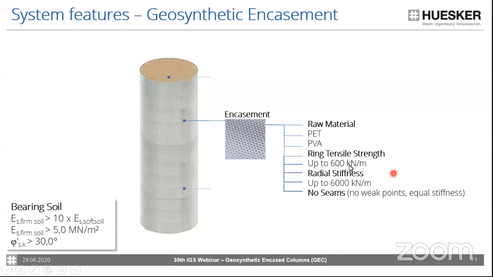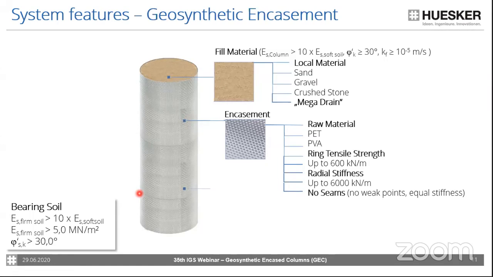The great advantage of the geosynthetic sleeve is that it can be produced with no seams. And this means there are no weak points which can break. And also we have equal stiffness all over the circumference. So this is the big advantage of a circular woven material, that there are no seams and therefore no weak spots in your fabric.